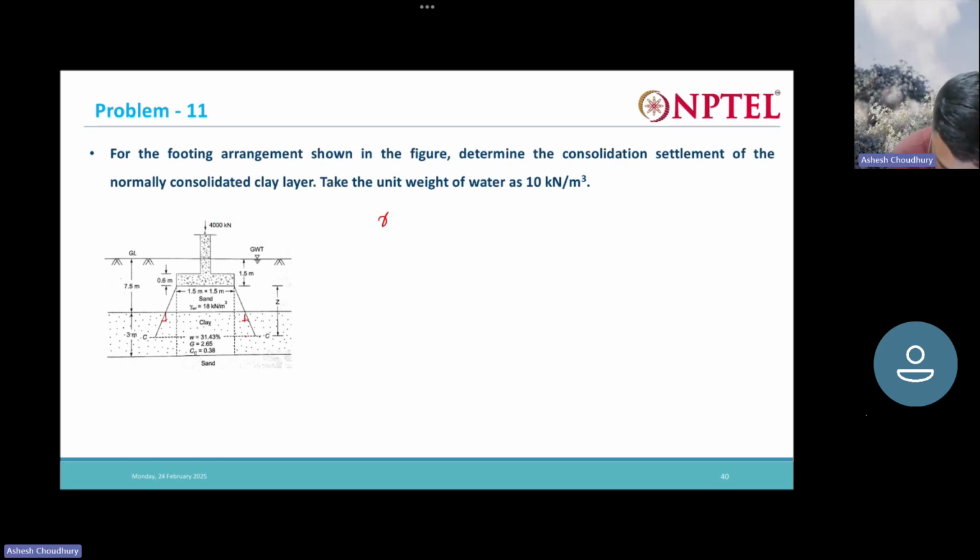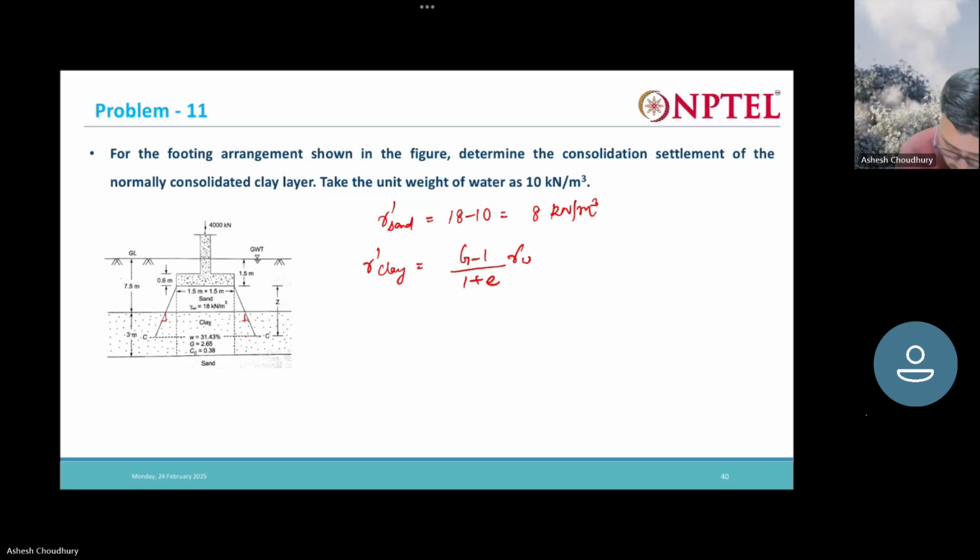So first, I have the submerged unit weight of the sand. We know this: 18 minus 10. Then I have to find the submerged unit weight of clay, which is nothing but (G minus 1) by (1 plus e), times gamma w. That will be (2.65 minus 1) by (1 plus e).